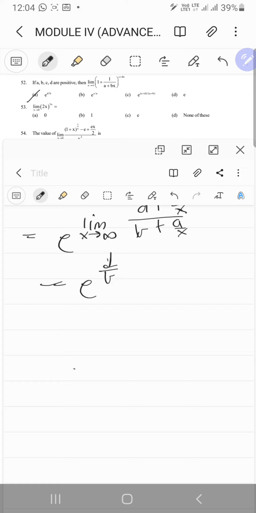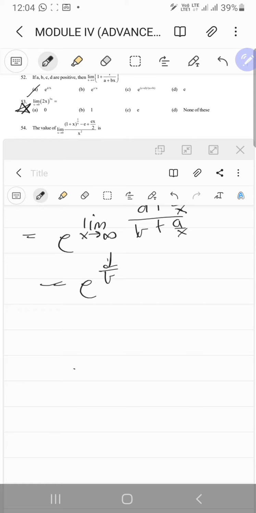Applying natural log won't do much. This is also not a 0 by 0 situation, so it's not going to work. I think I will leave this question and go for the next one, because I have never seen this before. I just don't know what it should be.